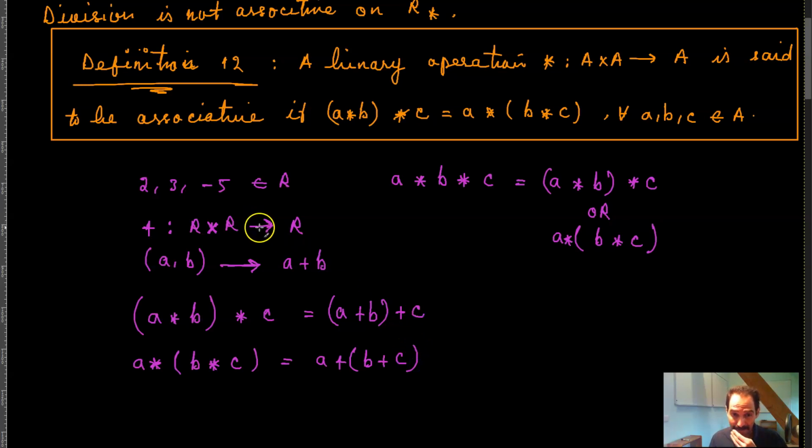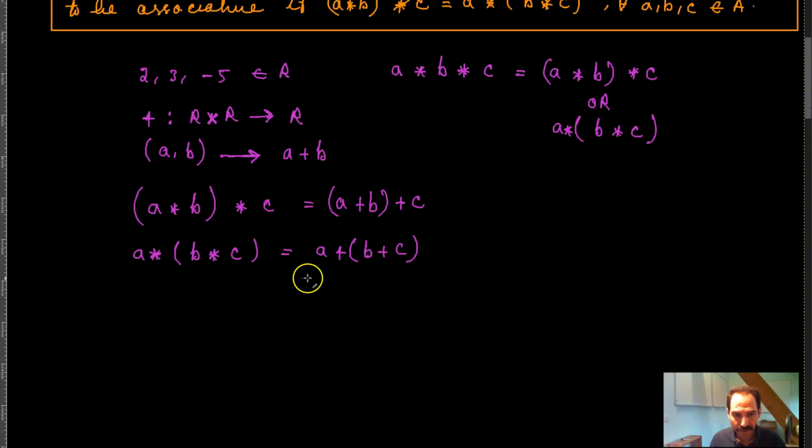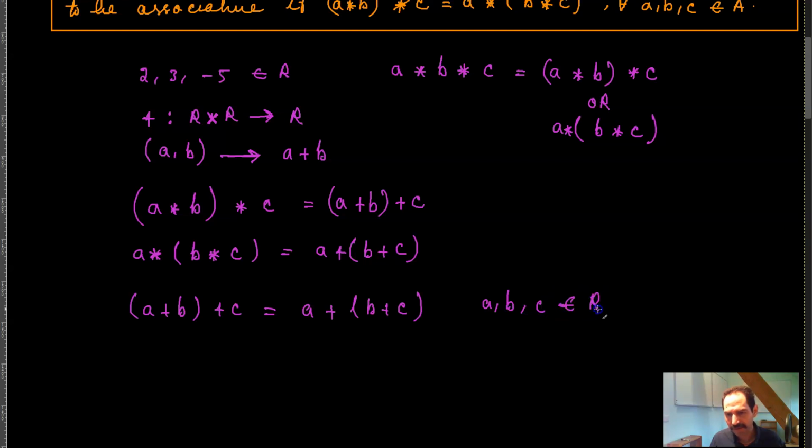Of course, addition in the set of real numbers is associative, meaning that you can generally write (A plus B) plus C equal to A plus (B plus C), as long as A, B, and C belong to the set of real numbers.